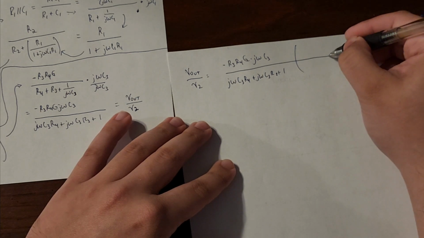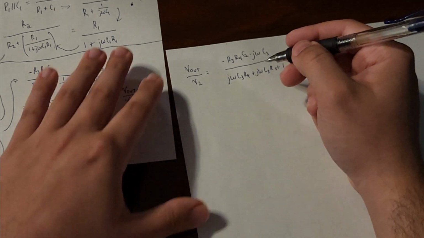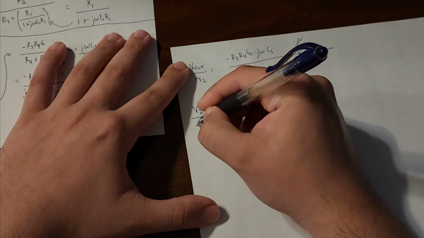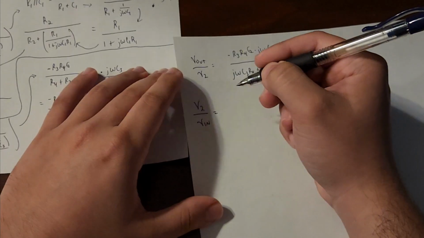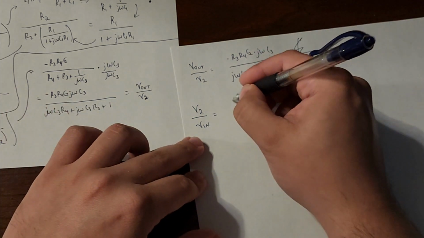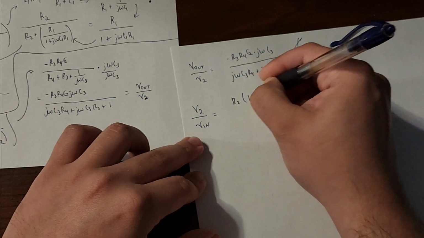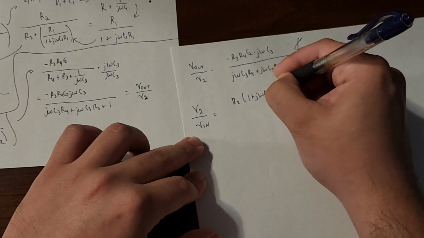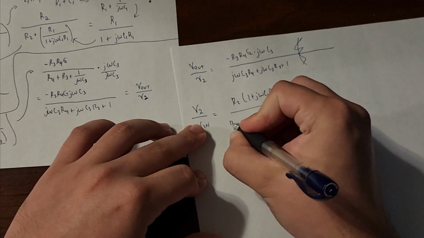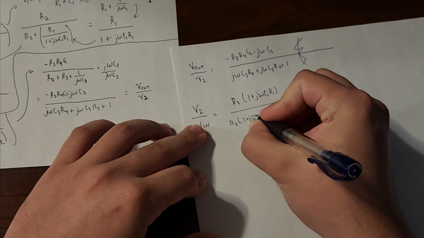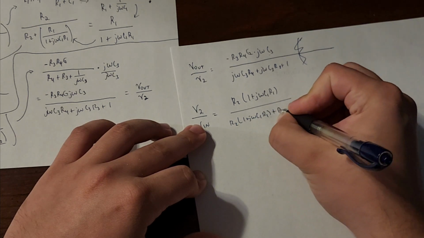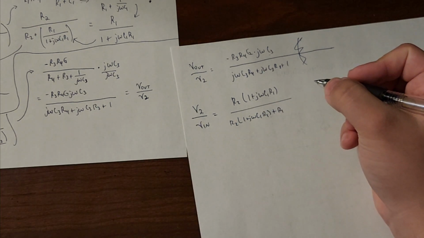Well, we can forget this. Now we have V2 over Vn. V2 over Vn was just the voltage divider. Well, that was easy. We have R2, 1 plus j omega C1 R1 divided by R2, 1 plus j omega C1 R1 plus R1. Let's multiply them now.